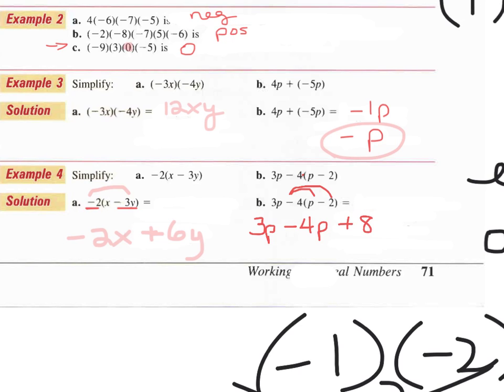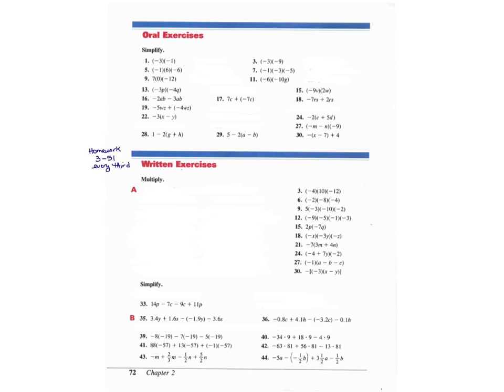And now I'm going to group my like terms, and I get negative p plus 8. So after you distribute, if there are any like terms to combine, we will combine them. Everybody good?